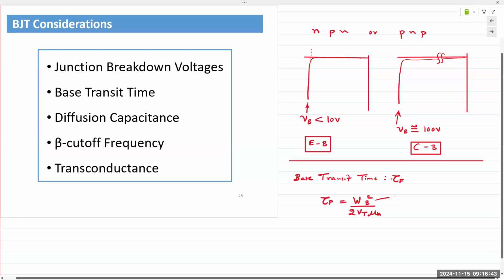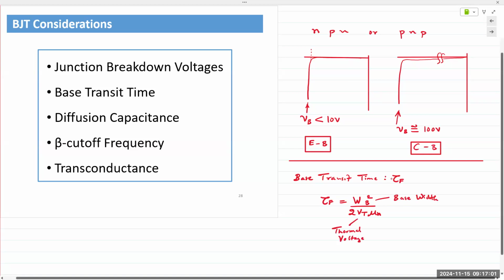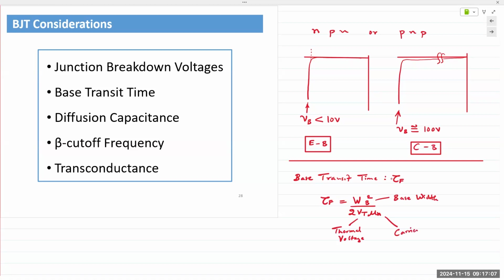WB is the width of the base, so base width. Vt is the thermal voltage. And mu n is the carrier mobility. In this case, we are referring to an NPN transistor, and so it's electrons. So it's the electron mobility.